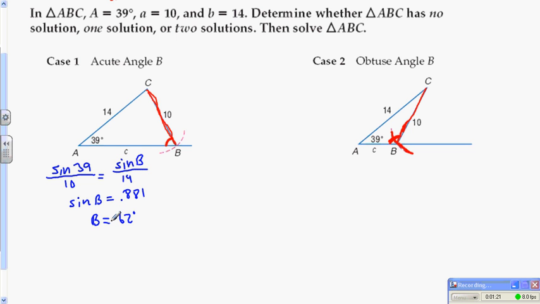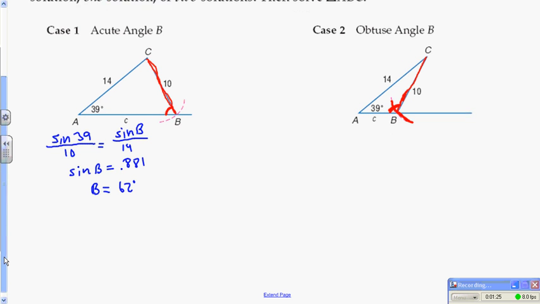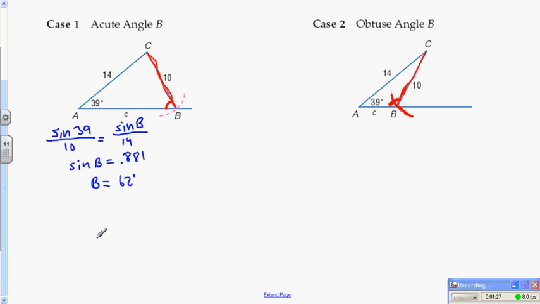Now at this point, I want to also mention how we get another degree besides 62. And that is, we've just got done with our unit circles. If you remember, sine is the y-coordinate. So we have cosine, sine. And on the unit circle, sine is positive in the first and second quadrants.